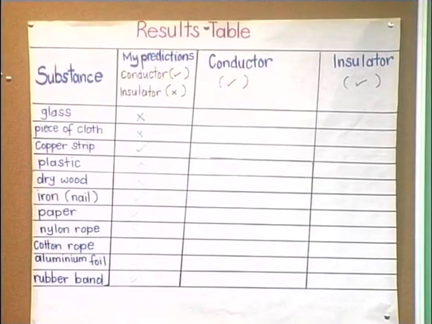I have it on the big chart. You have the table drawn up, and you try to fill that table as you go through testing all those substances for conductivity of electricity. Don't forget you are testing for electricity conductivity, whether those substances can conduct electricity.